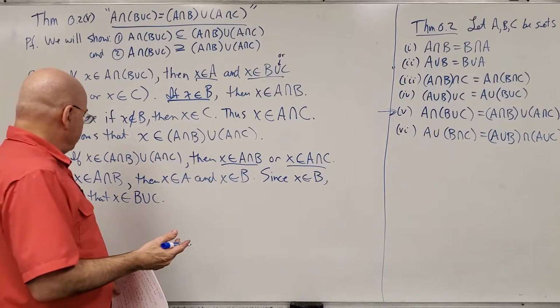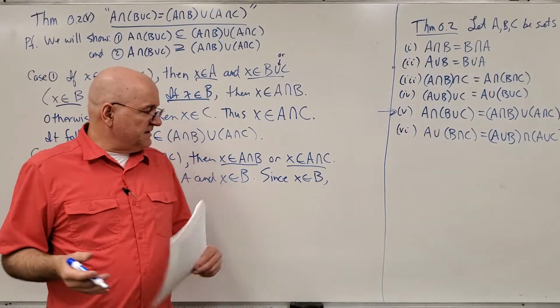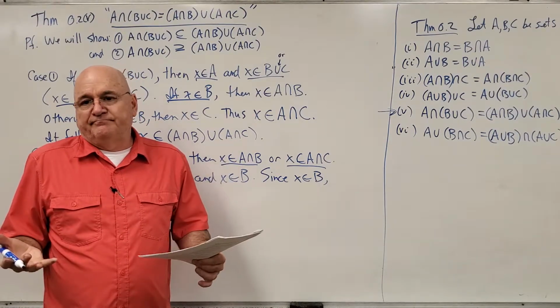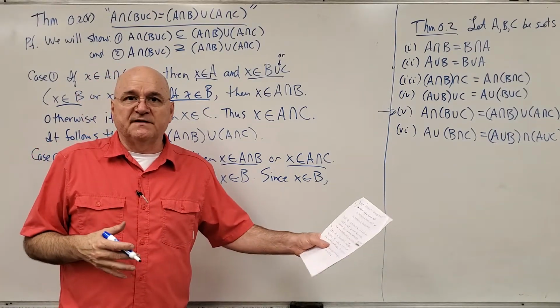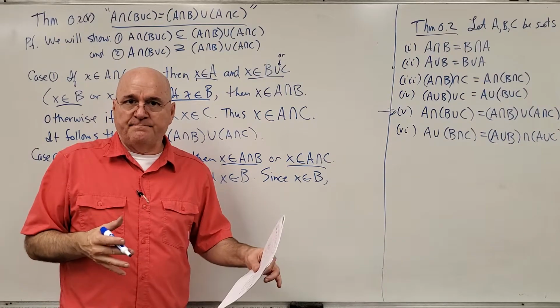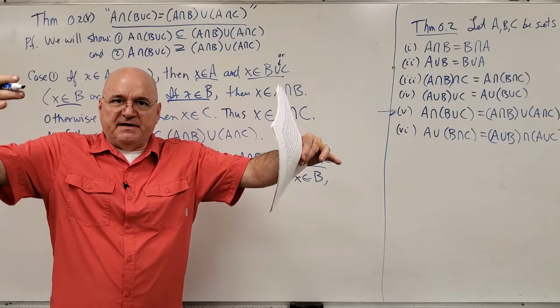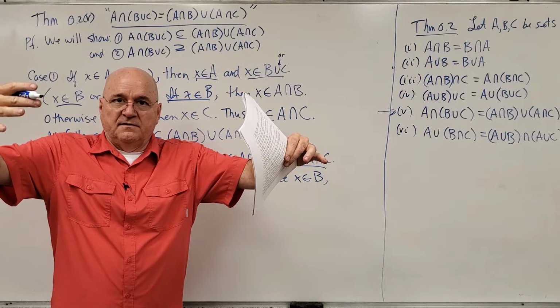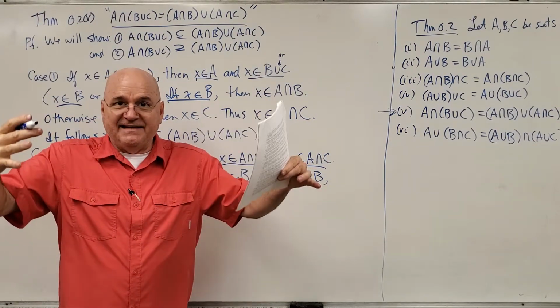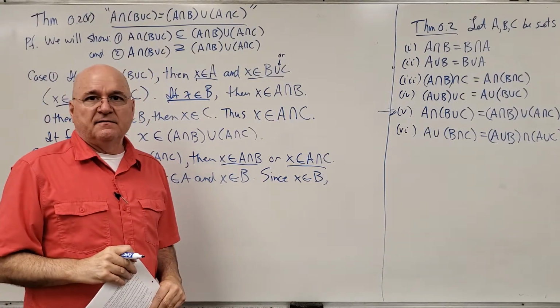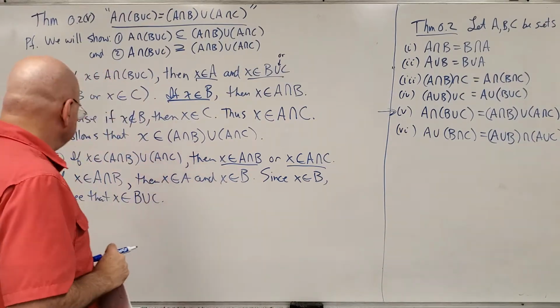But basically, if you're in the set B, you're also in B or C, because B or C means you're just in one of them, okay? So it's like saying, if you're in this set, you're also in this bigger set, when your original set was contained inside the bigger set, okay? Because B is a subset of B union C.